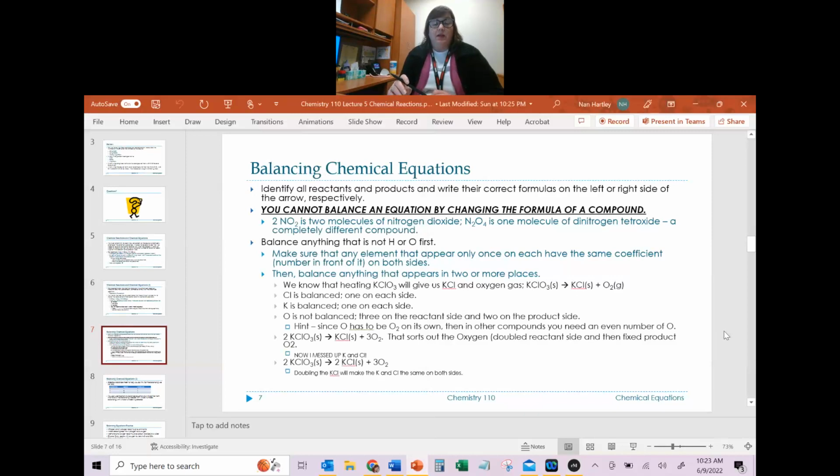So if I tell you that I'm reacting KClO3 going to KCl plus 3O2, while I know that that's not balanced, I cannot change those subscripts. One of the ways that you'll see this is that we'll tell you the name of the compound, so water reacts with sodium chloride to give me aqueous sodium chloride.